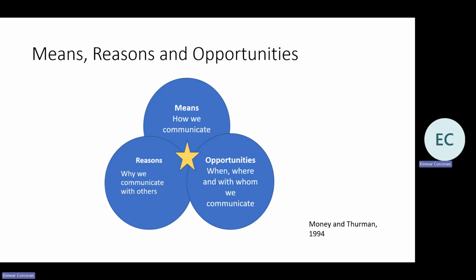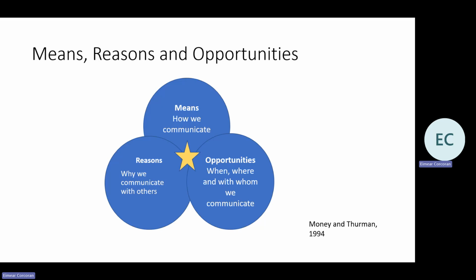To understand AAC better, we can think about the three parts of communication. So we have the means, the reasons, and the opportunities. The means refers to how we communicate, be that through speech, gestures, devices, or symbols.